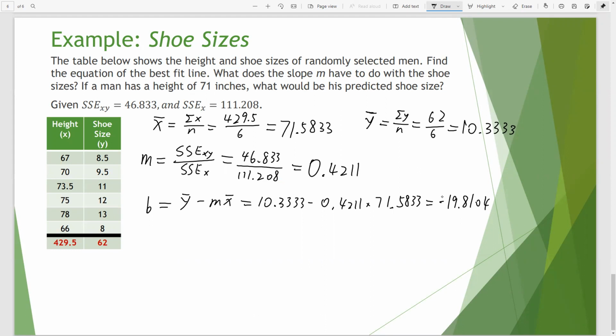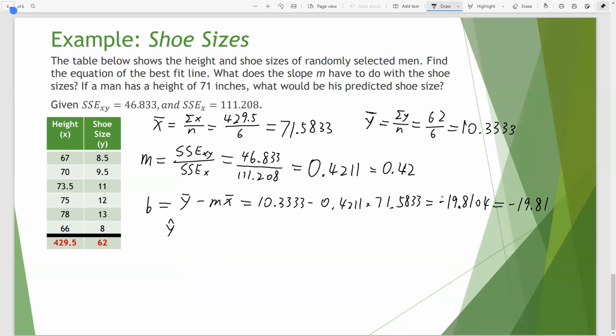When we keep the final answer for m, we can round it, and for the final answer of b, we can round it to 19.81. Two digits is fair enough; we don't have to keep everything. In the middle we keep more, and at the end maybe fewer digits.